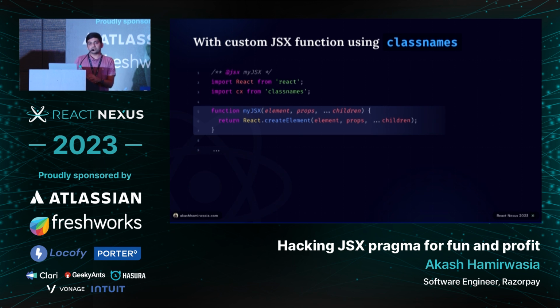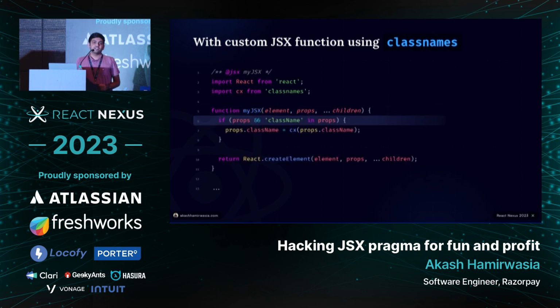And just before return, I introduce this extra check. So if the className prop is set in my component, pass the value of the className prop to my cx function. Call that function, and whatever value it returns, store it back in the className prop. And then go ahead and render the React component.